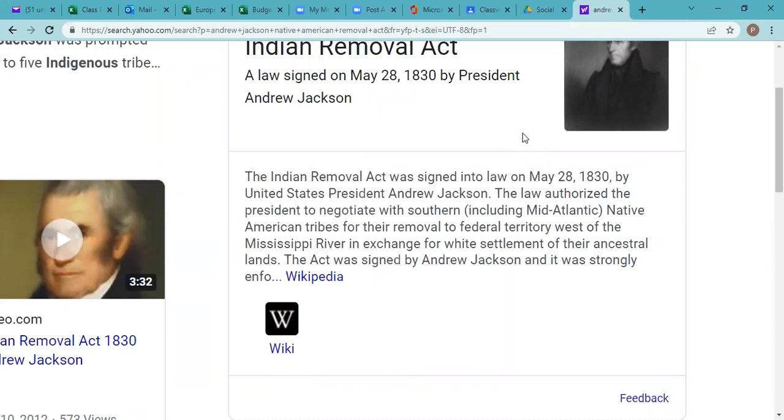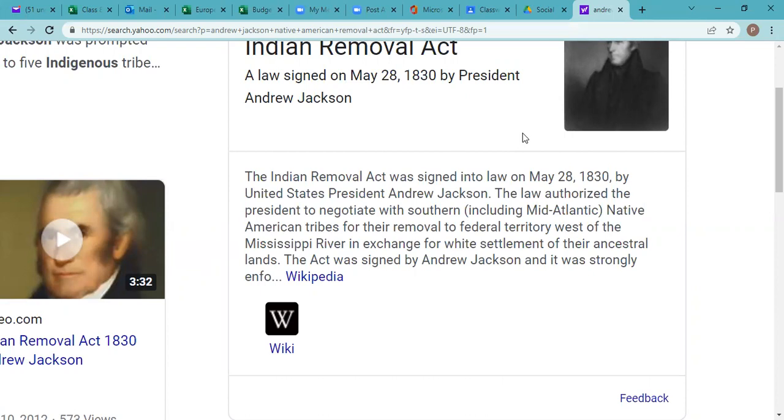Okay. So here's the thing. When it says in exchange for white settlement of their ancestral lands, the white settlers, this isn't their ancestral lands. This is the Native Americans' or the native lands. This is what they've lived on for probably their whole life, and then all their ancestors beyond that.